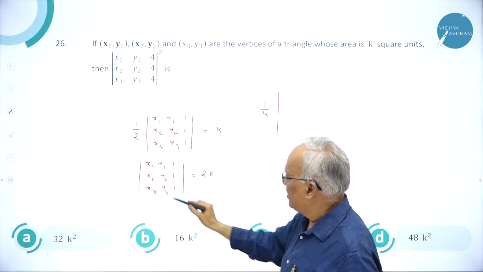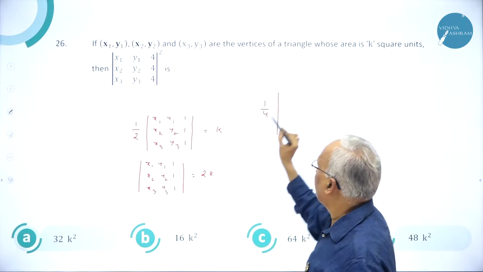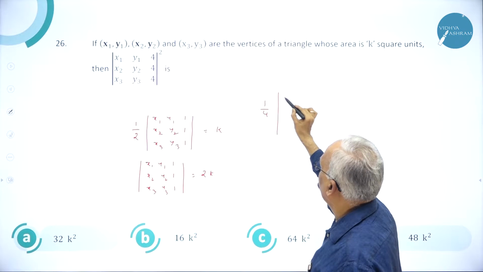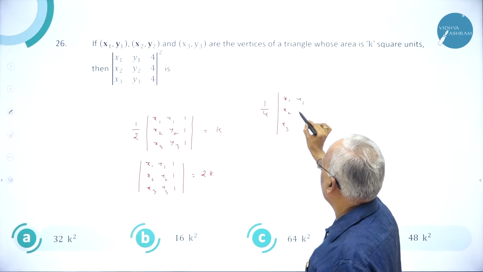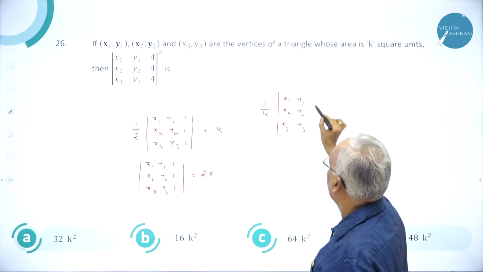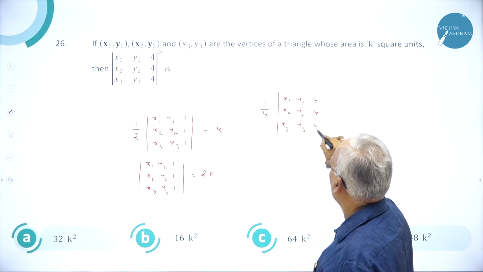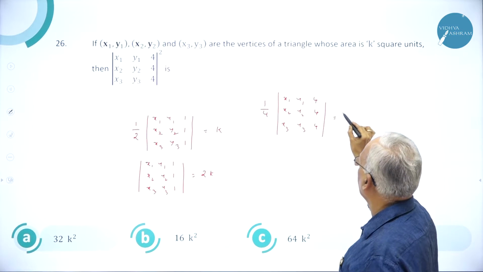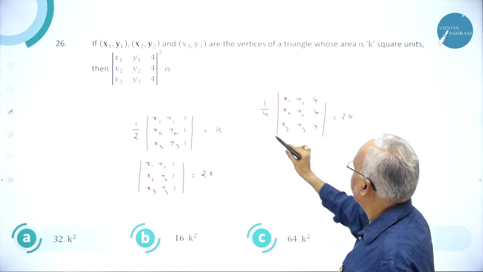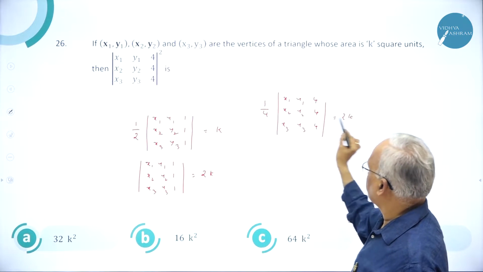To get 4 here, you can just multiply by 1 by 4 and multiply by 4 here. x1, x2, x3, y1, y2, y3, 4, 4, 4, out of necessity because I want that, is equal to 2k. So this expression, now I can cross multiply.